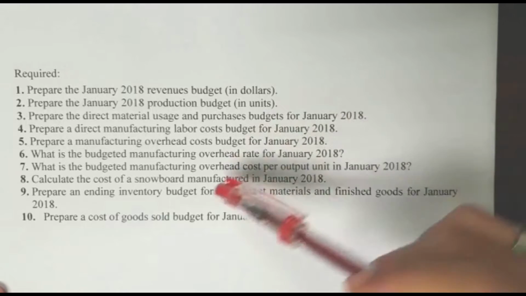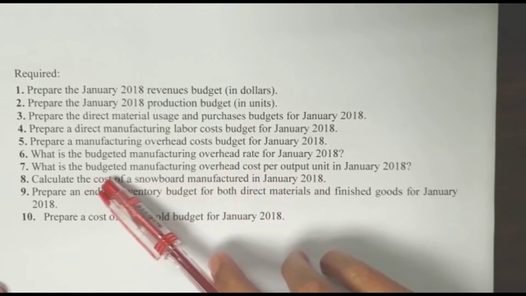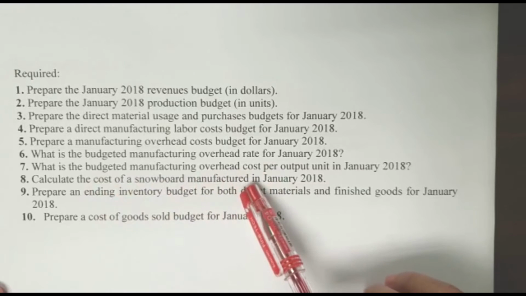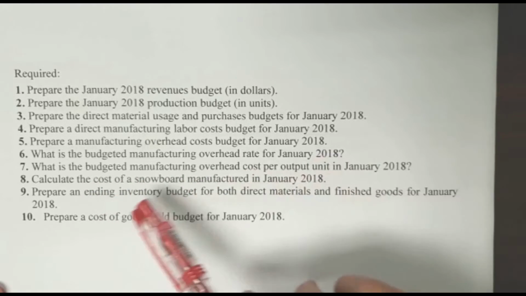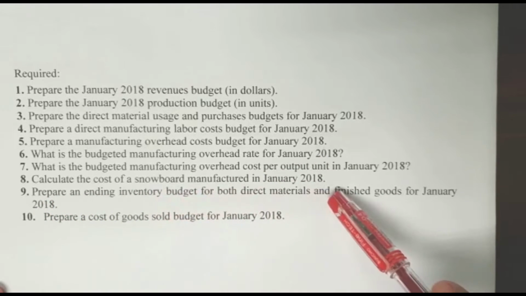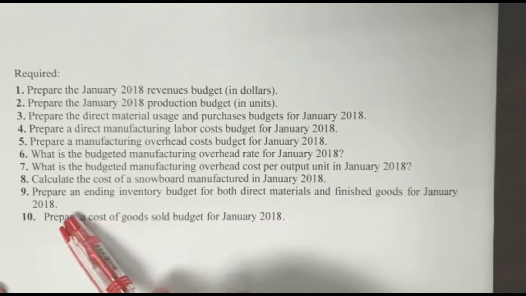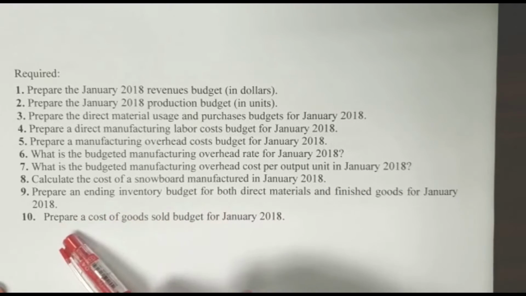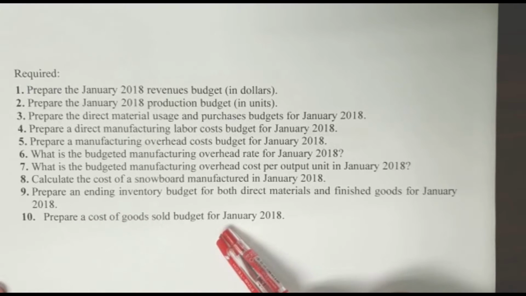Okay, and then they ask you to calculate the budgeted manufacturing overhead rate, budgeted manufacturing overhead cost per output unit, and then calculate the cost of snowboard manufactured in 2018. Okay, ending inventory budget, and the last one, they ask you to prepare a cost of goods sold budget for January 2018.